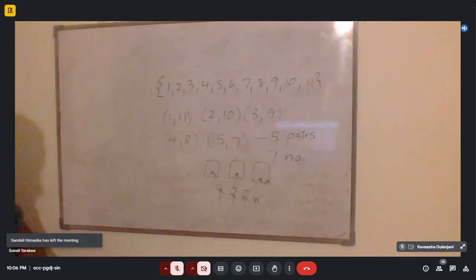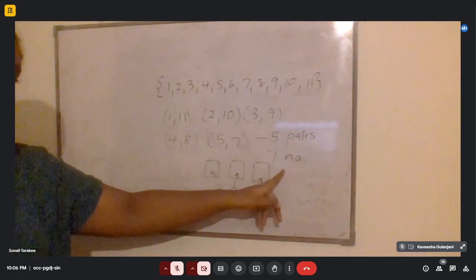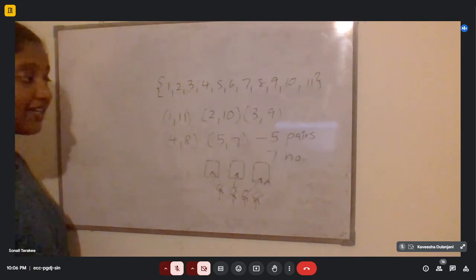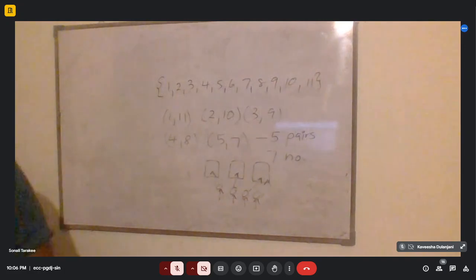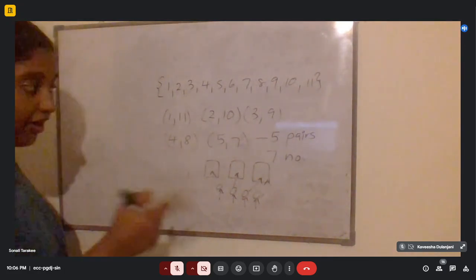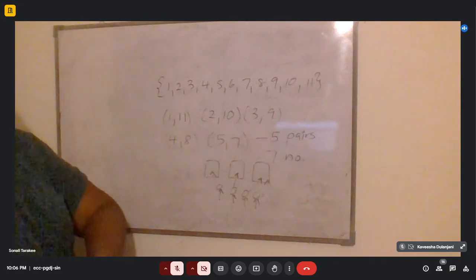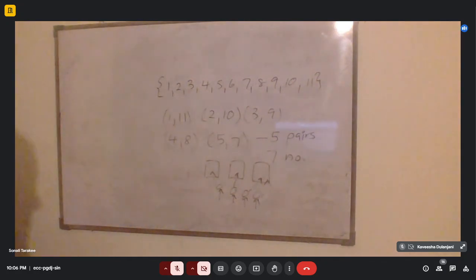Now here, 5 pairs, but there are 7 numbers. From the 7 numbers, if you select 5 pairs, that means at least you have one pair that adds up to 12. Can you understand that?